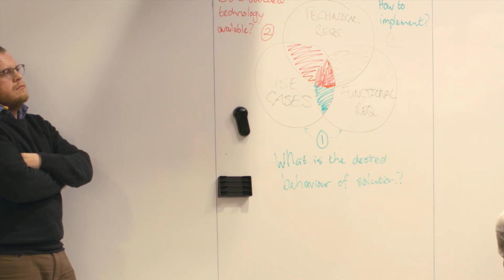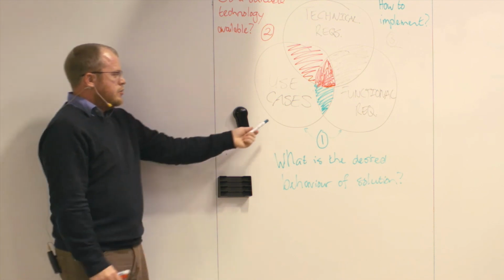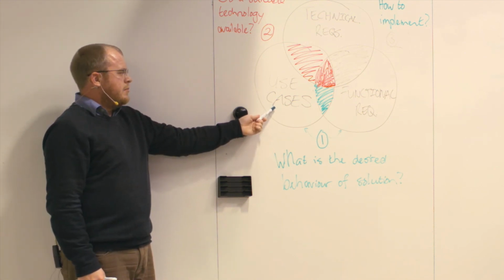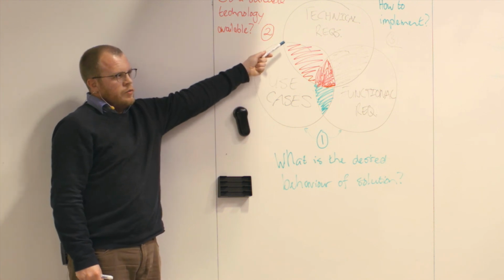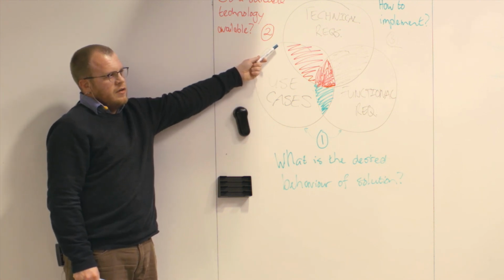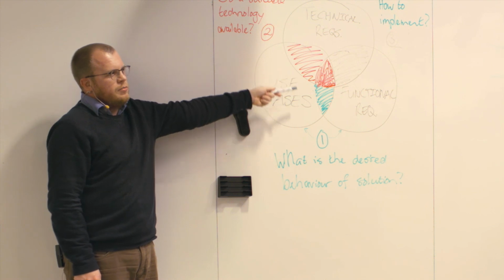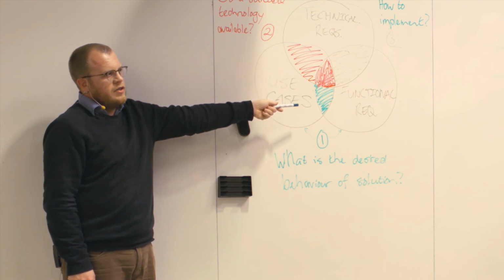I think that emotional part of the technical requirements and the use case can only be captured in the second area, because the fact that you considered these had a huge impact on which technologies you actually chose. And then you figure out how to use this to build the required functionality.